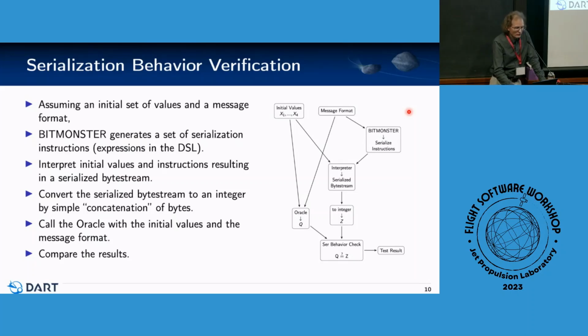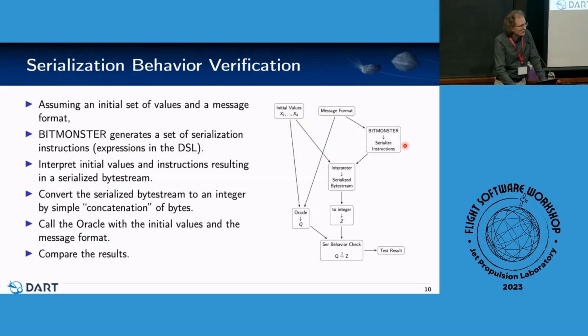If you assume an initial set of values in a message format for the code generator, and we start here at the top, for example from our previous slide, we had that 4-element structure with the values 59, 2, 7, and 21. We can take that message format, run the BitMonster algorithm, and generate a set of instructions in the virtual machine, the serialization instructions.